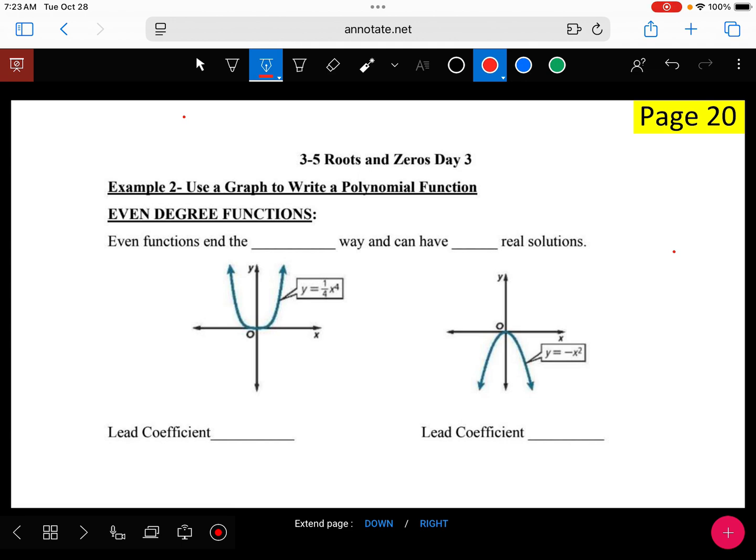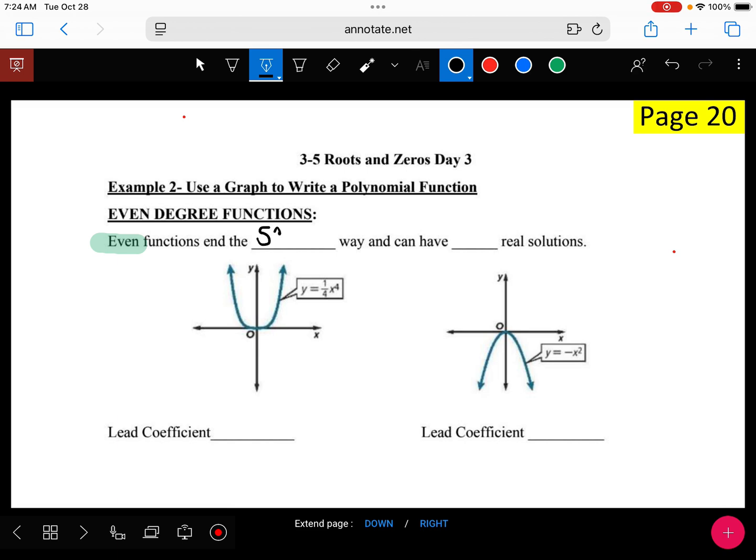So for this first one, what do we know about even functions? Let's underline the word even. What do the arrows do? Do they go same or opposite? Same. So let's write same in that first blank.